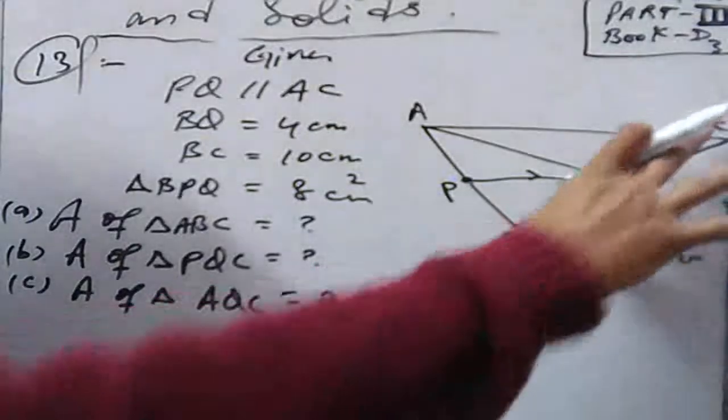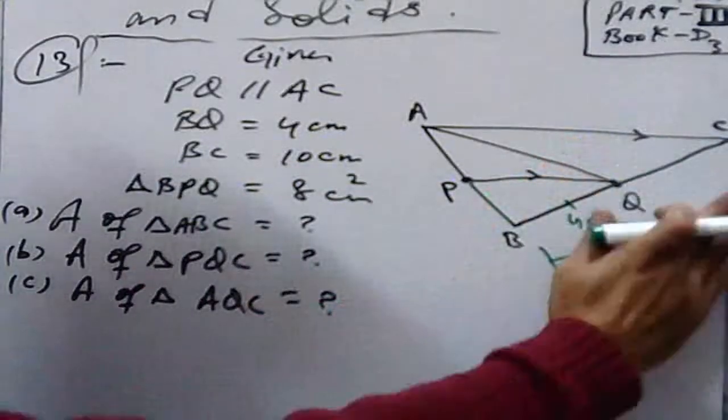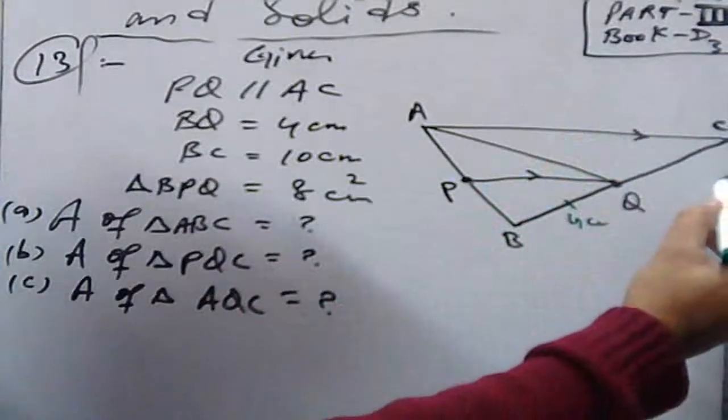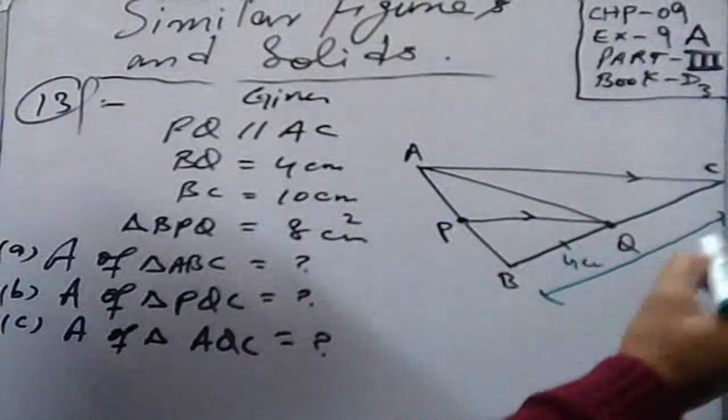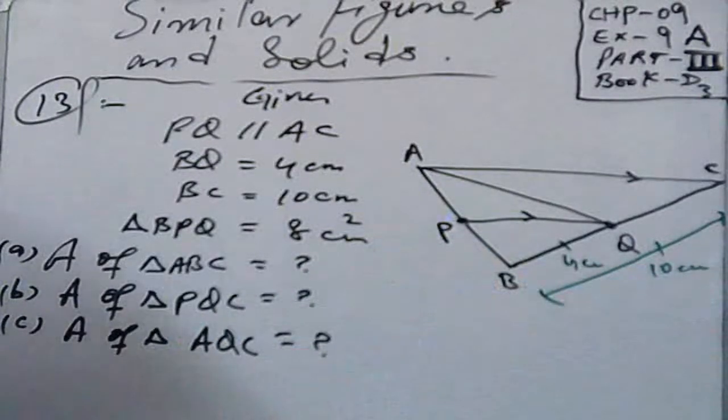It is given to us BC is 10 centimeter, so we have to write like this. This one is your 10 centimeter. So it is clear.